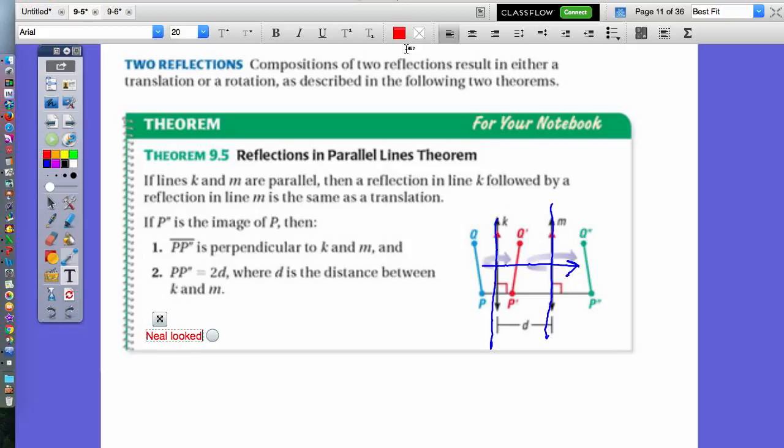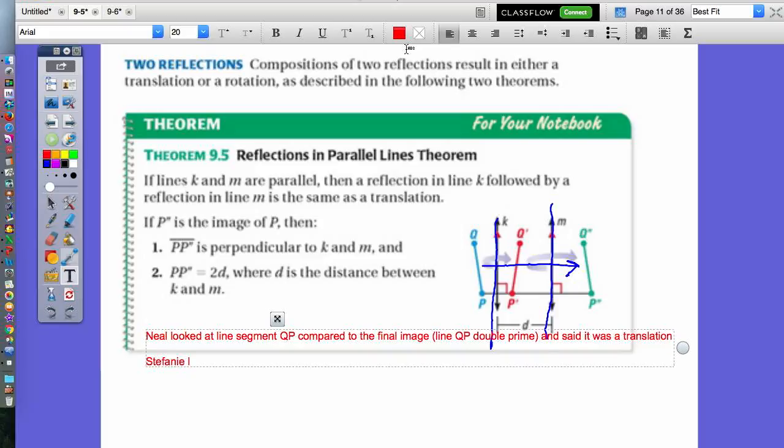Neil looked at line segment QP compared to the final image, which is QP double prime, and said it was a translation.